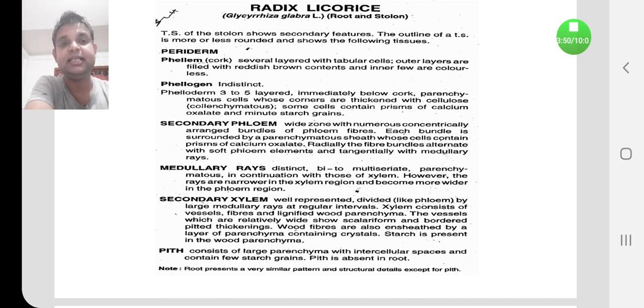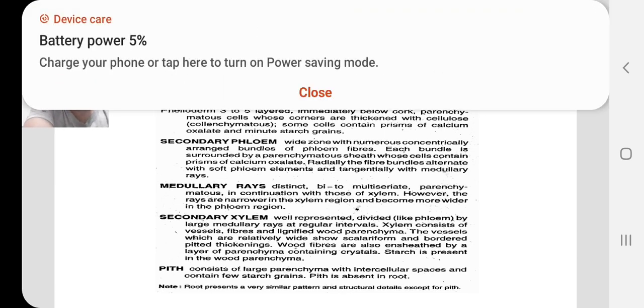Coming to the medullary rays, they are very distinct. They are bi- to multiseriate, meaning 2 cells to more than 2 cells of radially arranged parenchyma cells, in continuation with the xylem.